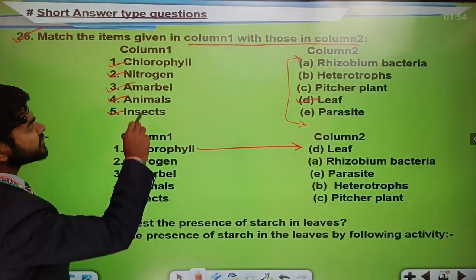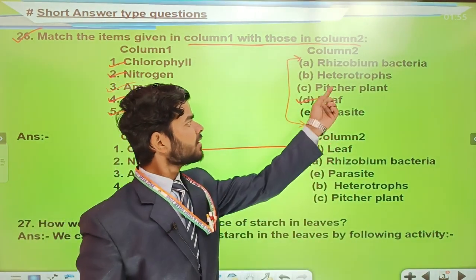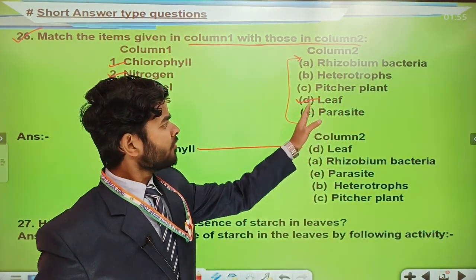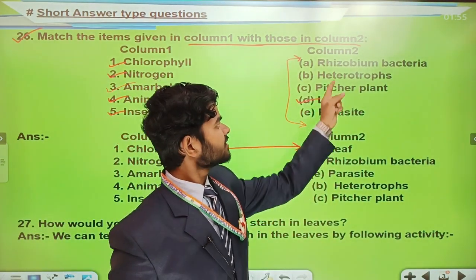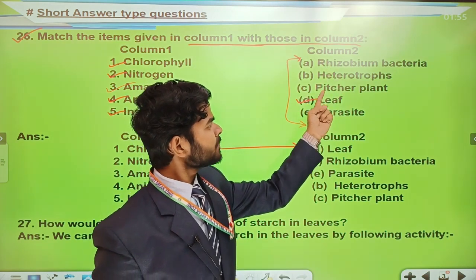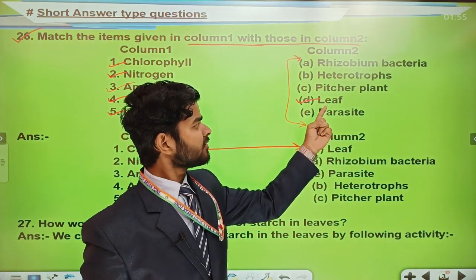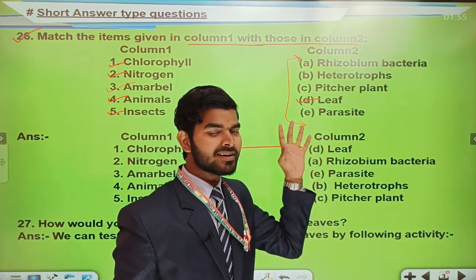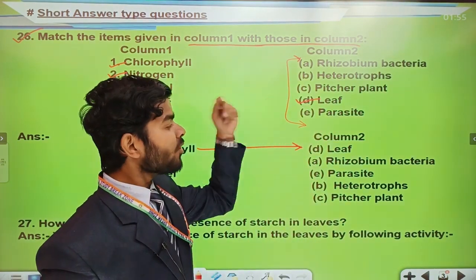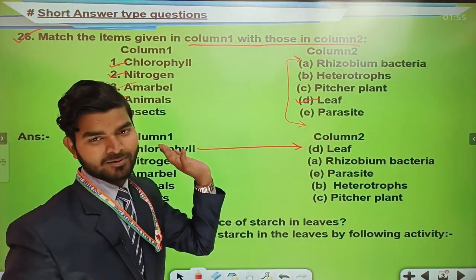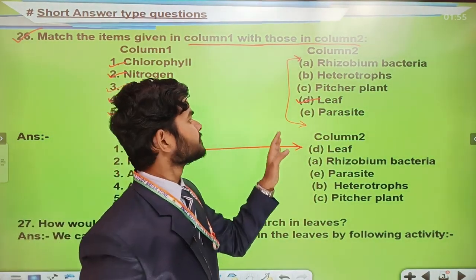Second one, nitrogen. Which option is correct for nitrogen? Leaf is not the correct answer, because it is already matched with chlorophyll.